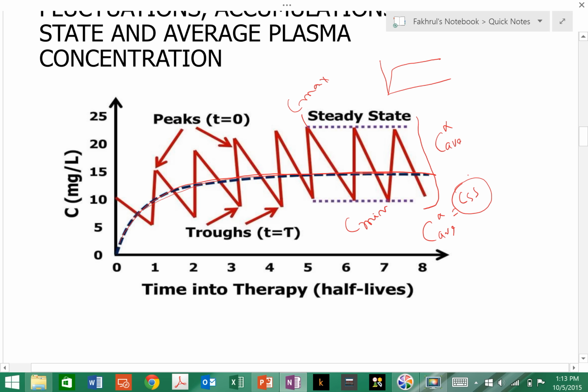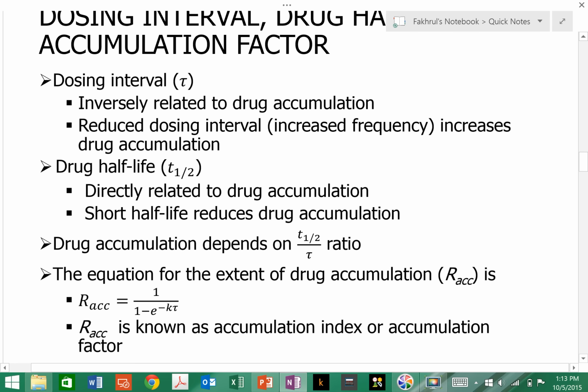The only difference is, in this case, there is no fixed concentration. Concentration is going up and down, up and down. So this is the major difference between the steady state of multiple dosing and steady state of constant IV infusion.